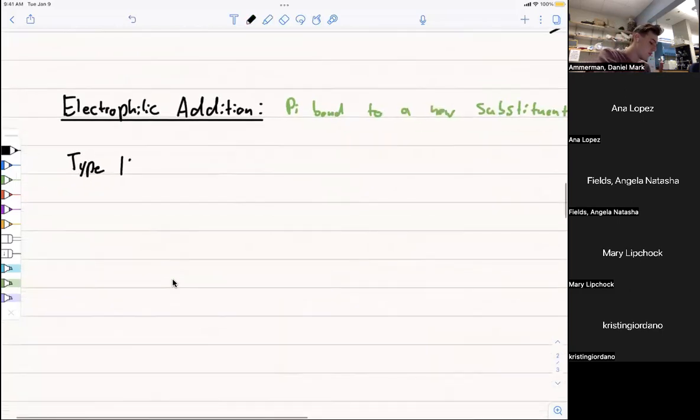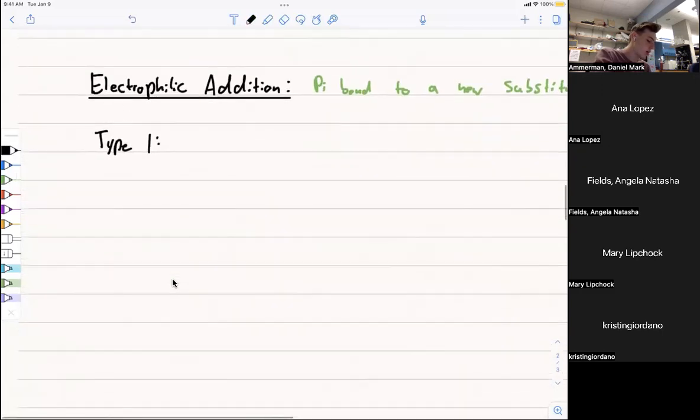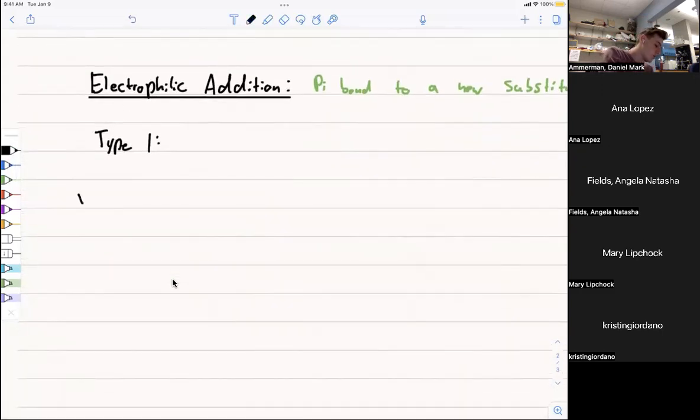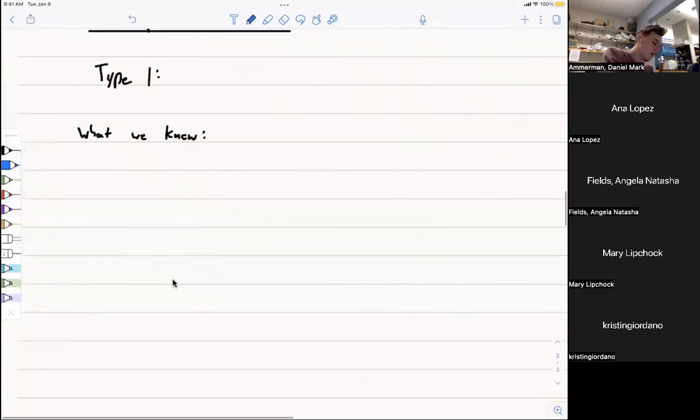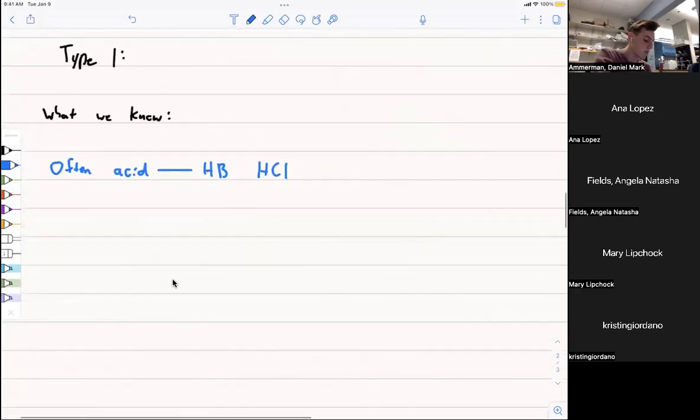So type 1, what we know is that it is often an acid. So HBr, hydrobromic acid, hydrochloric acid, HI.